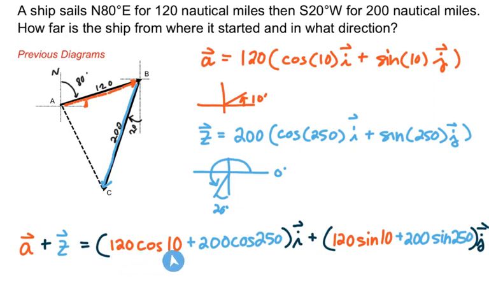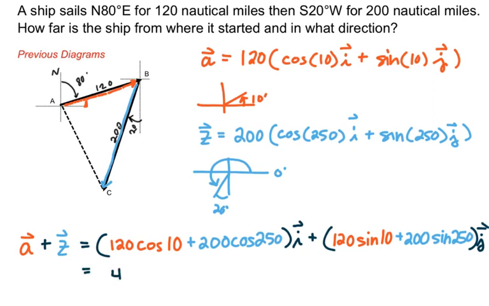So 120 cosine 10 plus 200 cosine 250 i, horizontal components, 120 sine 10 plus 200 sine 250 j. Now I can calculate each of these coefficients, typing them into my calculator in degree mode.